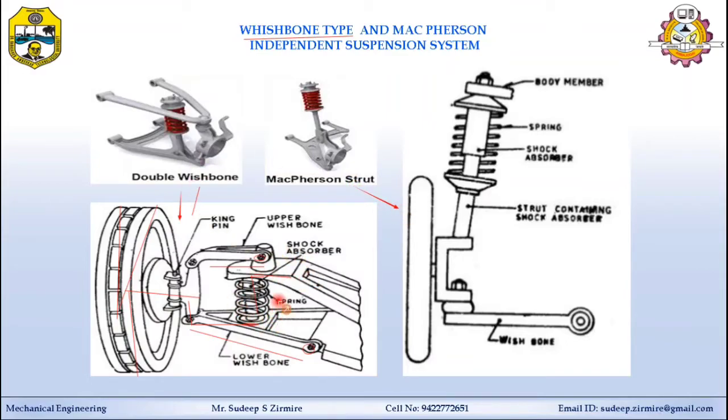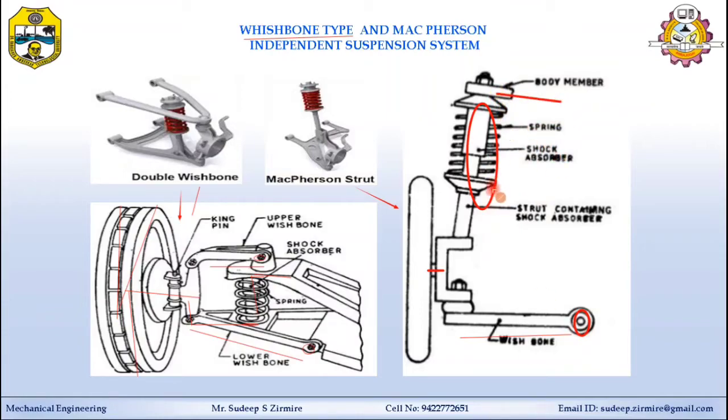Okay, in this system you can see it uses only one wishbone here, and it is pivoted here to the frame, only one point. And this stub axle carries this tire and wheel assembly, and on the other side the upper strut containing shock absorber and spring carries the load, and the other side is fixed to the body member.